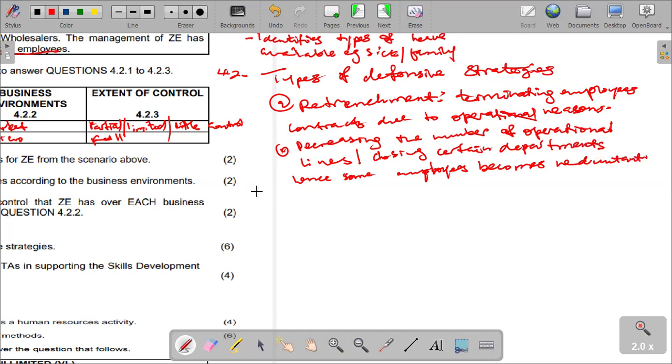We can talk about liquidation as another defensive strategy, which can be given as number 2.